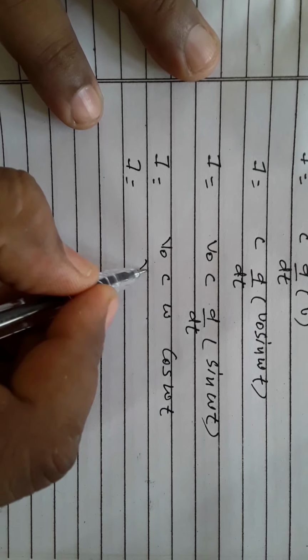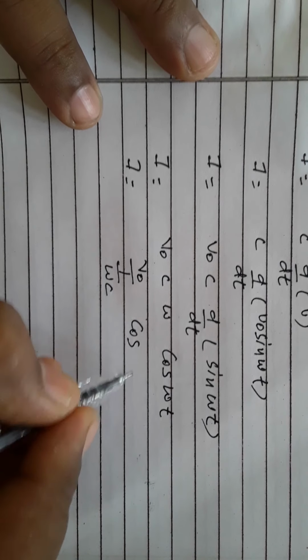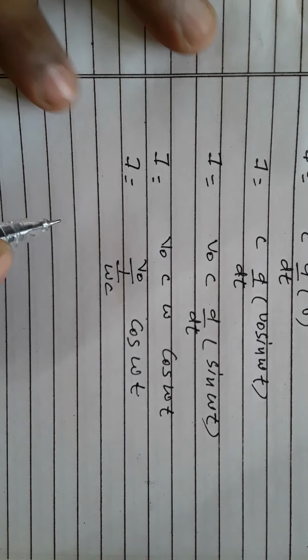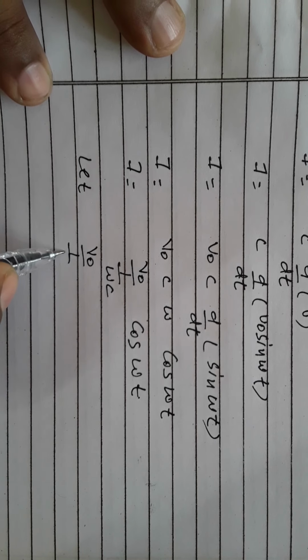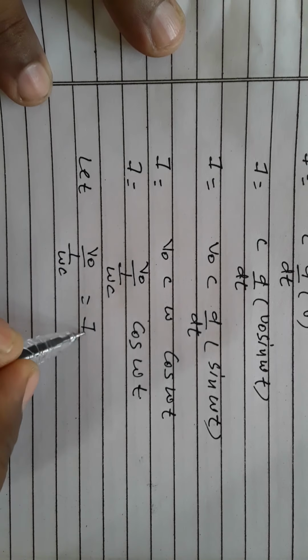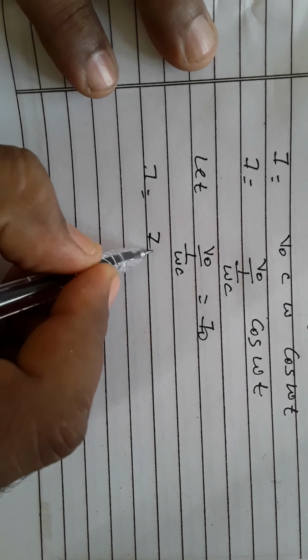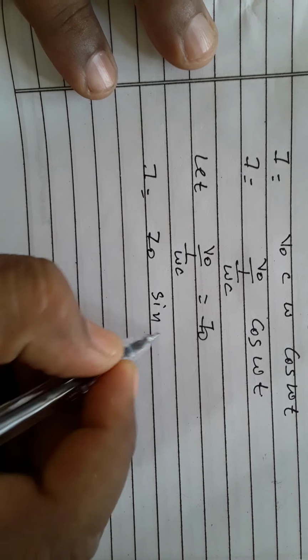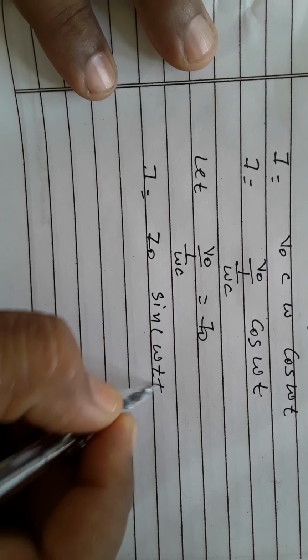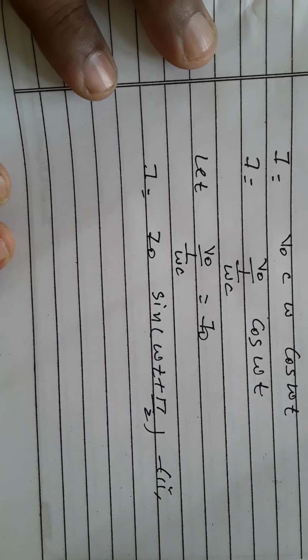Now we can write it as V naught omega C into cos omega t. Let us suppose V naught omega C is equal to I naught. So we can write I is equal to I naught cos omega t, and we can write cos omega t as sin of omega t plus pi by 2. This is equation number second.